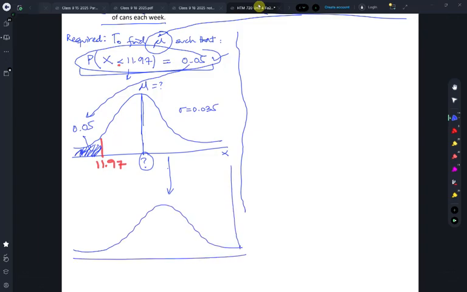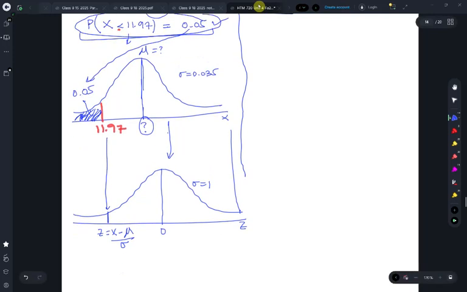So instead of x, we now have z. The mean is always 0, the standard deviation is always 1, and we want to find a particular z value. Z is always x minus the mean divided by the standard deviation. So the mean we do not know, but the standard deviation we know to be equal to 0.035 according to the question.